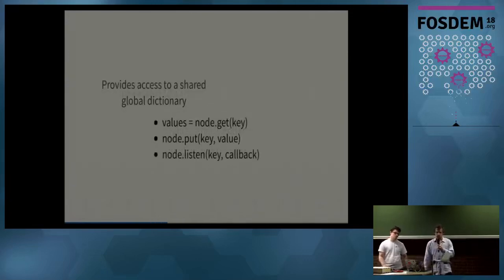For OpenDHT, we also introduced a new operation, the listen operation. The listen operation is like the get operation, except that it's non-blocking and it will inform the user when there are new values stored on a given key.